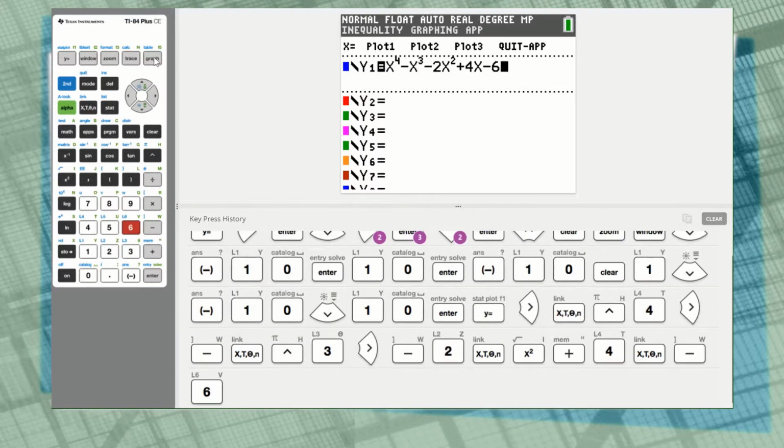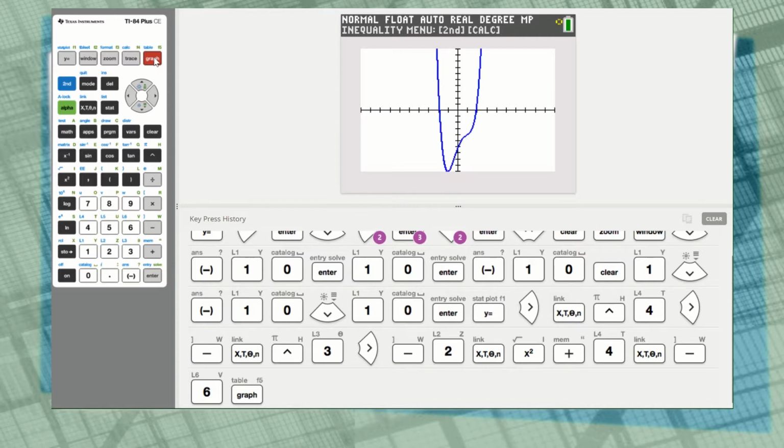All right, well, let's go take a peek at the graph. Okay. Well, you can see that my end behavior, both left and right, are headed out towards infinity. And there's one turn. There's two. There's probably one right in there, but it's very subtle.